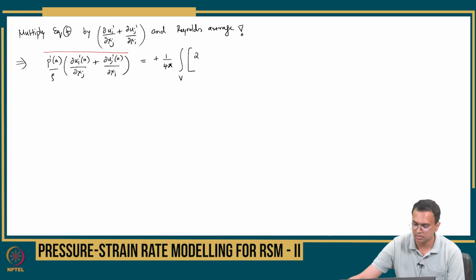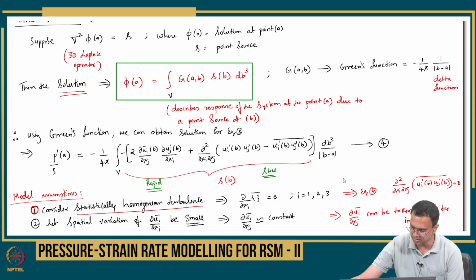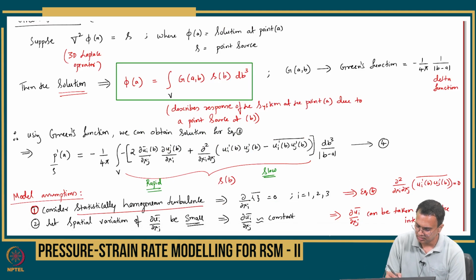Now if I just go back to the previous slide, you can see here these are point sources at B. I am now multiplying this with the solution at point A here. So I cannot multiply on the right side and still call it ij index, because right now one is a function of B, the other one is a function of A. So I need to change the indices on the right hand side.